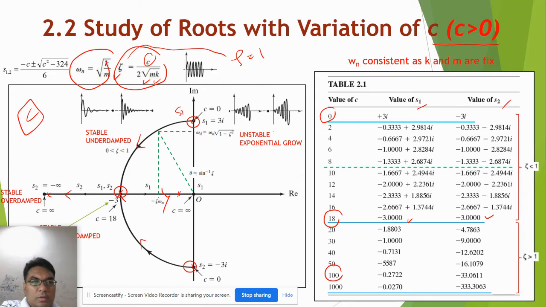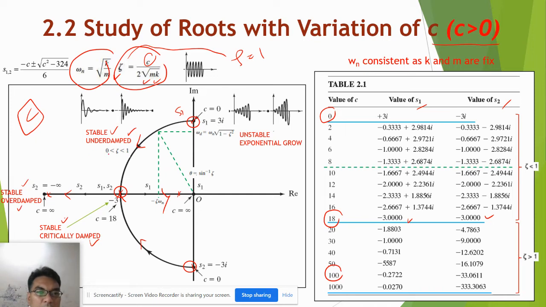So this area is stable and underdamped. When it goes to these positions, it is stable and critically damped. And the points on this line, the real line, are stable and overdamped.